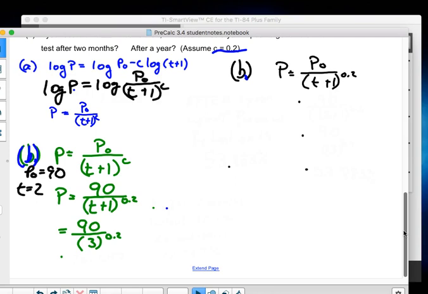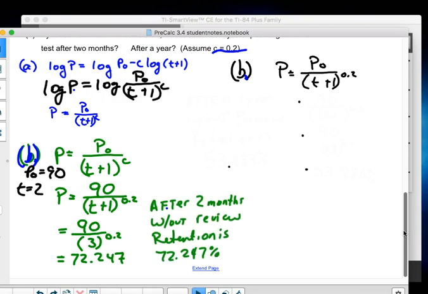This totally assumes you have not reviewed. You took the test, you come back to it, no review whatsoever, and you take the test again. Consequently, you score a 72.247%, because this is out to the thousandths.